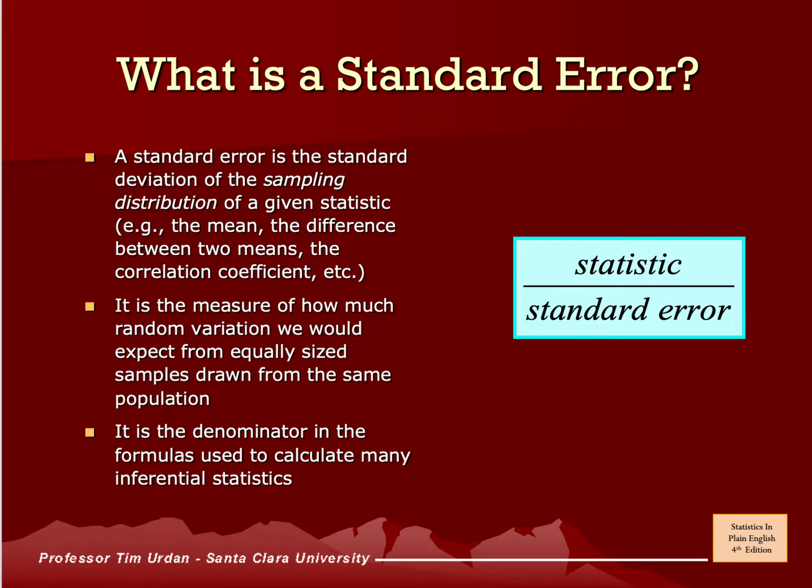So what is a standard error? A standard error is actually quantified by using the statistic, and I'm going to divide it by the standard error to get an inferential value that makes sense in terms of a study. So it is basically the standard deviation of the sampling distribution, the checking my work for a given statistic.